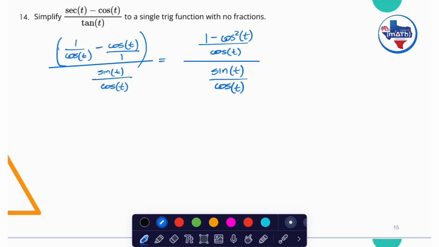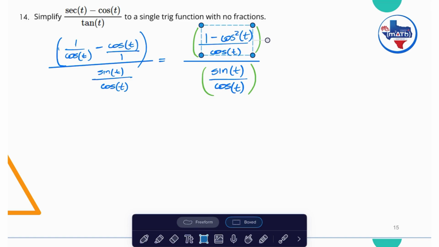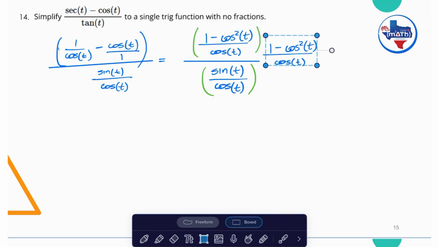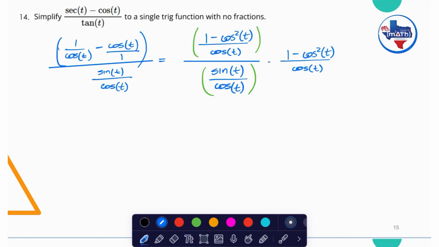Okay, remember this is our fraction on the numerator, this is our fraction on the denominator. Because we have a fraction divided by another fraction, what can we do there is just copy the same numerator, right, and multiply times the reciprocal of the denominator.